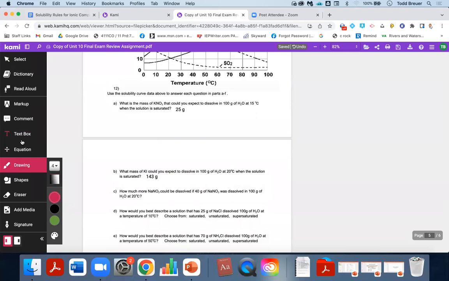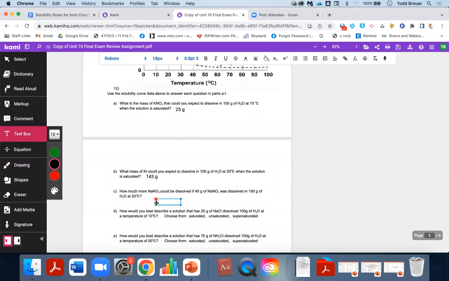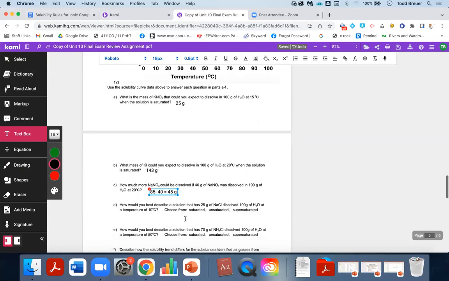Let's go back to the words now. The words are telling us we dissolved 40 grams. So if we're allowed to dissolve 85, but only 40 grams was dissolved, well, there's room for 45 more grams. So we could expect 45 more grams to be dissolved because we have an unsaturated solution.